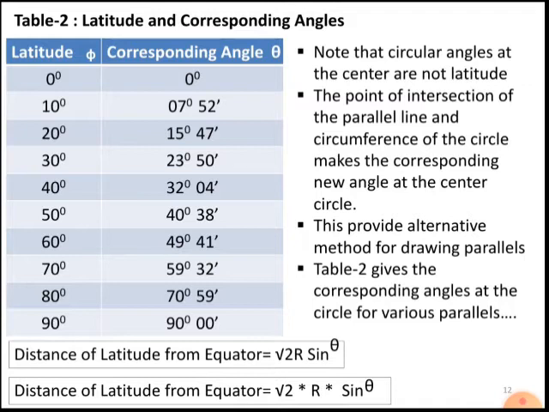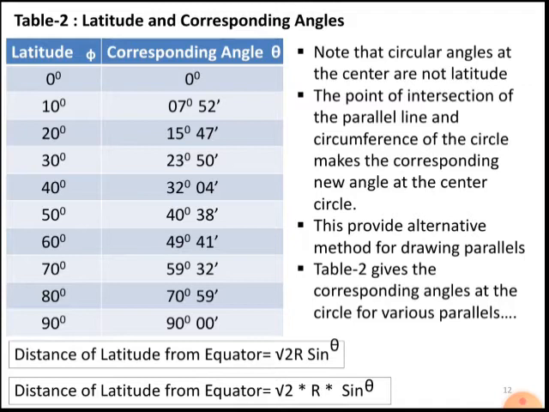For example, the distance of latitude from the equator is equal to square root of 2 multiplied by r sine theta. Now what does this sine theta mean? Suppose you want to find the distance of the 10 degree latitude from the equator. You must use the corresponding angle of 7 degree 52 minutes. This is the corresponding angle of the 10 degree latitude, right?